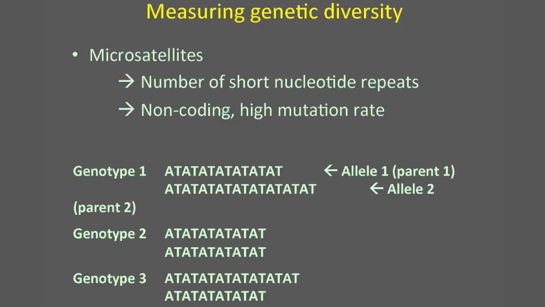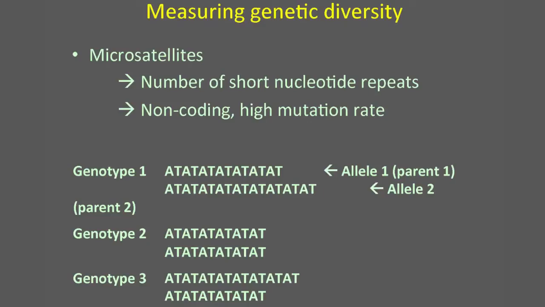It's also a method that's quite commonly used in forensics. So microsatellites are kind of a strange DNA sequence, because they are very short repetitive sequences, like I have up here, AT, AT, AT, AT, and you're actually not really interested in the sequence of this marker, you're only interested in the number of repeats.